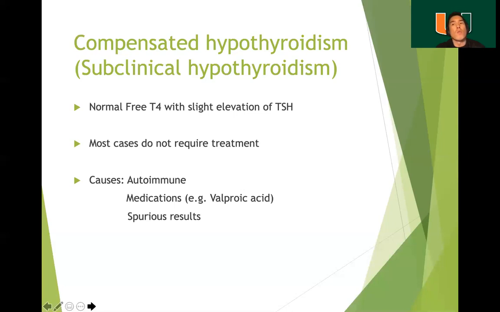When you do a TFT on the same patient at two different times from the same lab, you can find that they have different results, because each time it has to be calculated against the standard curve. In certain places, the standard curve is done weekly or daily, so it depends on the lab.